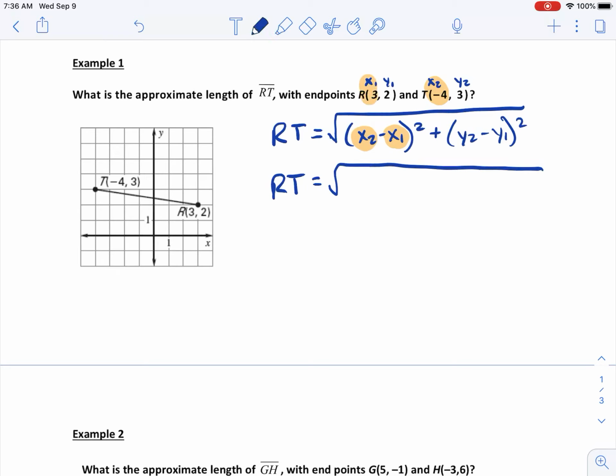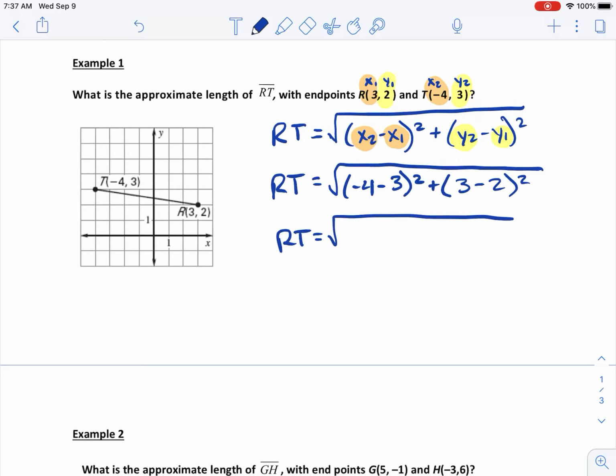Instead of x1, I put in 3. So we have negative 4 minus 3 squared plus, for y2, which is 3, and y1, which is 2, 3 minus 2 squared.